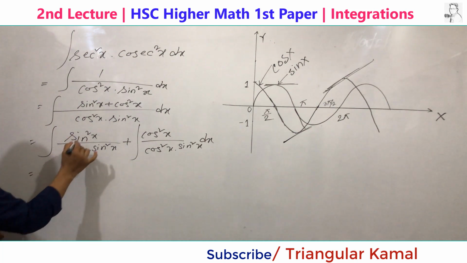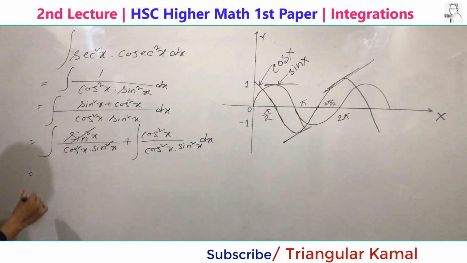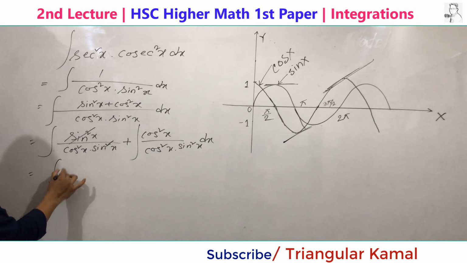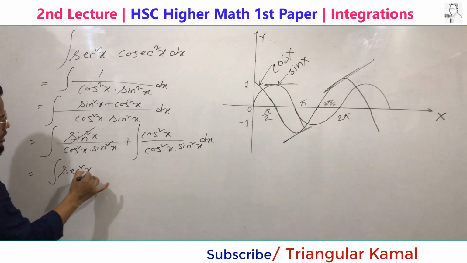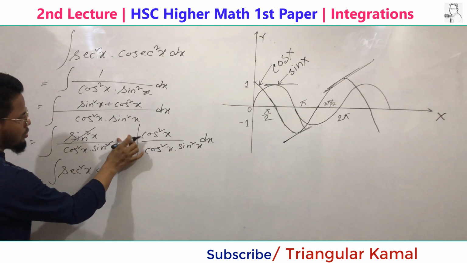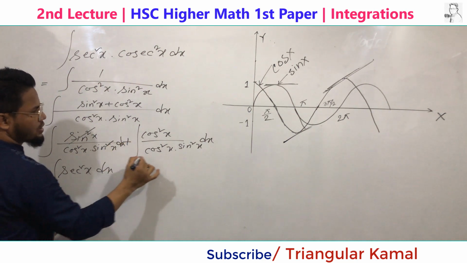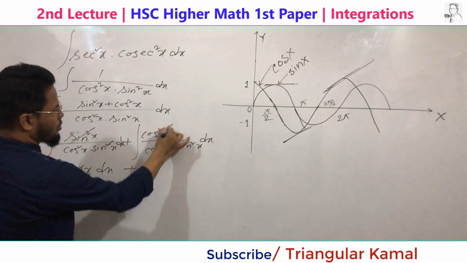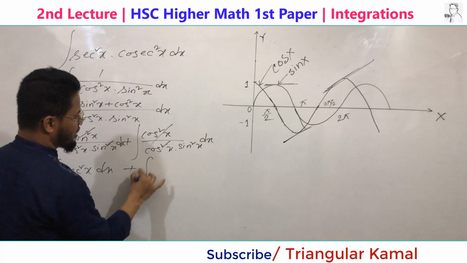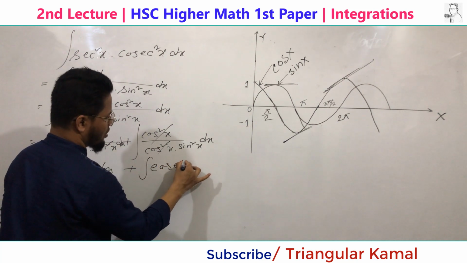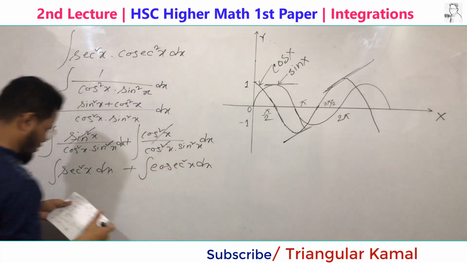Now eliminating, we get 1 by cos square, which is the reciprocal identity of sec, so this one is sec square x dx. Now eliminating them, this one will be integration of cosec square x dx.